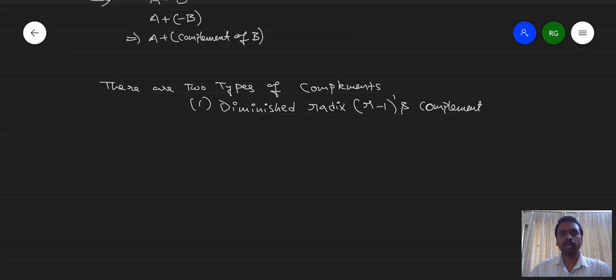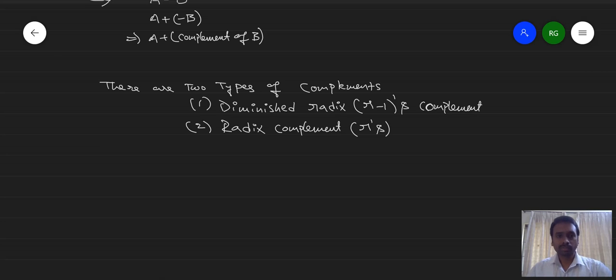The second type of complement is called the radix complement, which is also called the R's complement. So basically there are two types of complements.